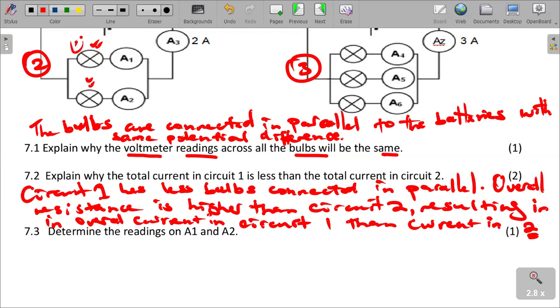Don't forget that there is an omission here.